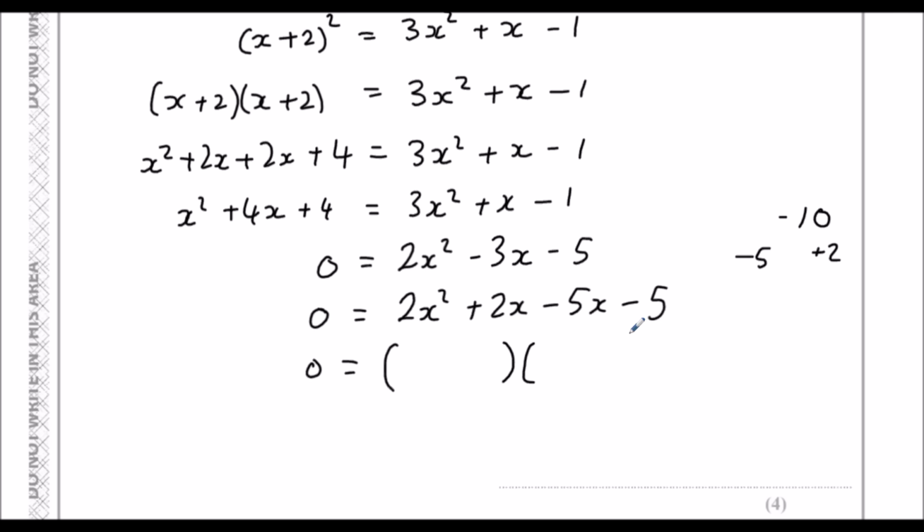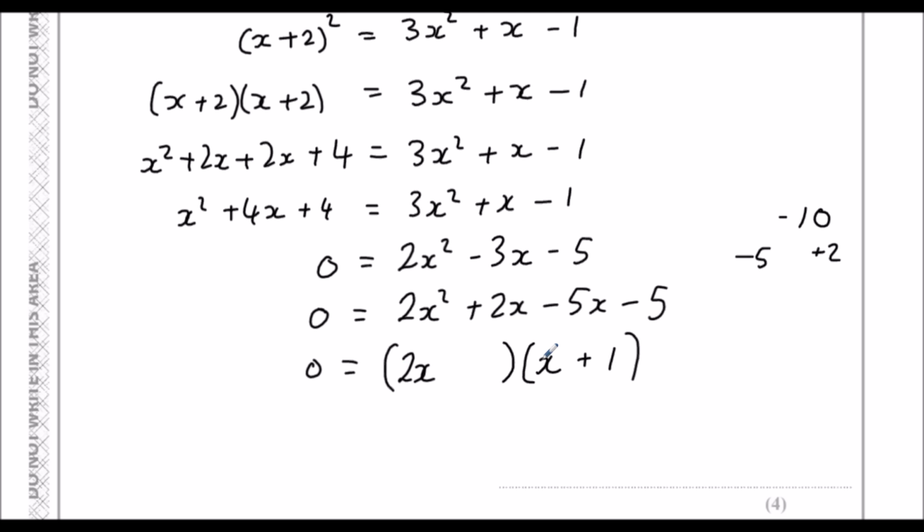So what can I take out of the first two? 2x squared and 2x. They've both got a 2x in them. So that becomes my first term. And then if I expanded, 2x times something is 2x squared. 2x times x is 2x squared. 2x times 1 is 2x.